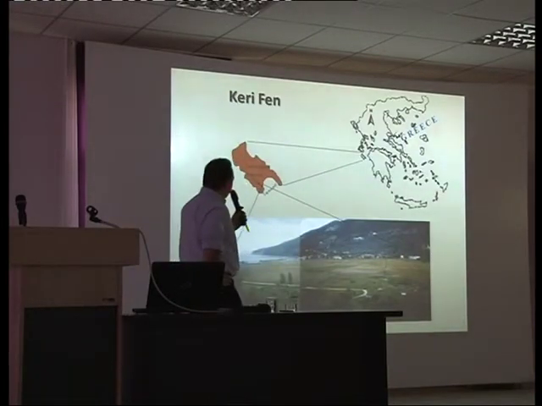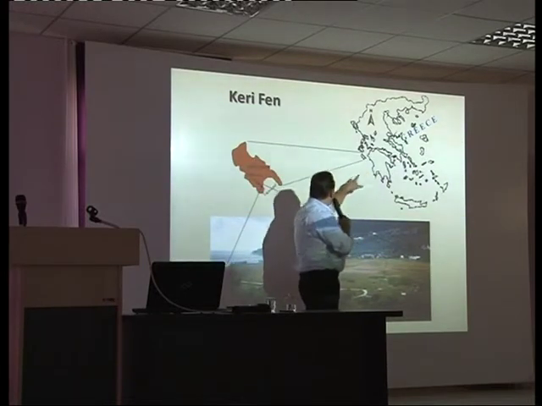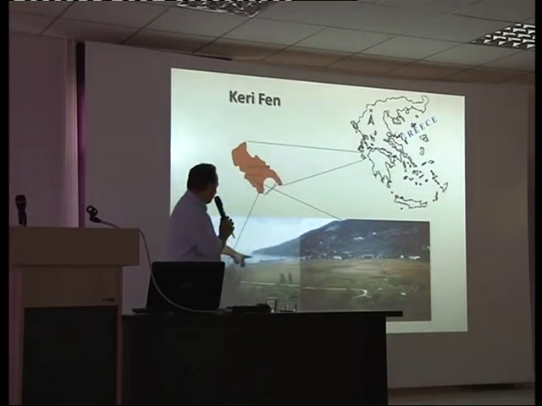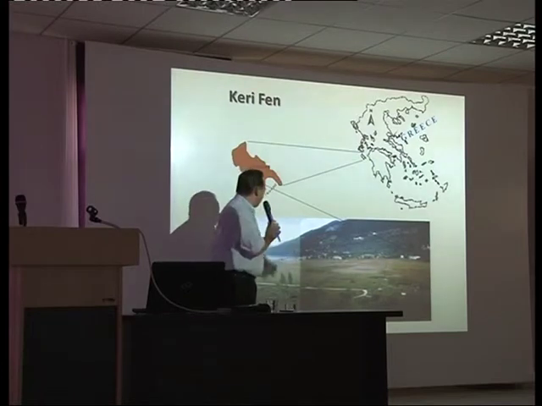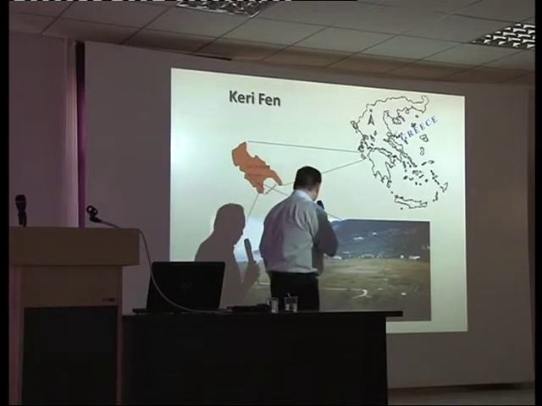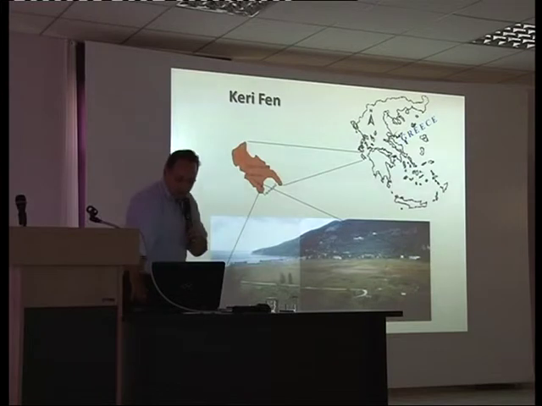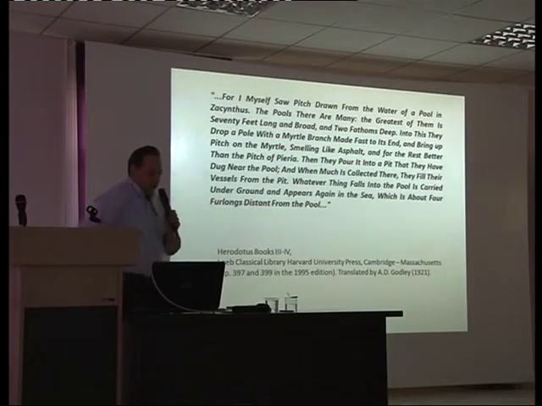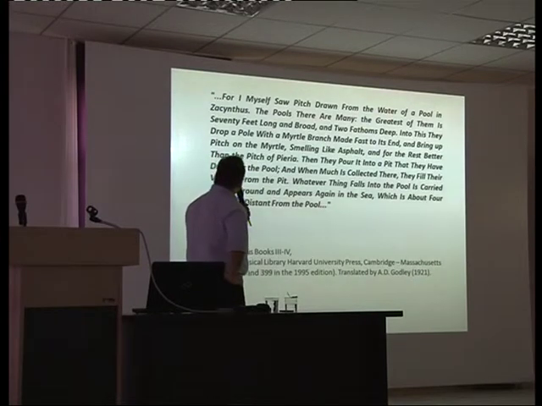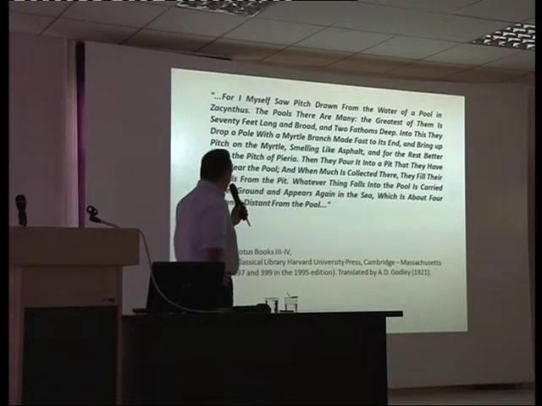Keri fen is located in the southwest part of Greece, on the island Zakynthos, here in the southern part. You can see it's a fen, it's a coastal fen. It's 1 square kilometer. It's well known from Herodotus' time. As you see here, it's been known for 2,500 years.